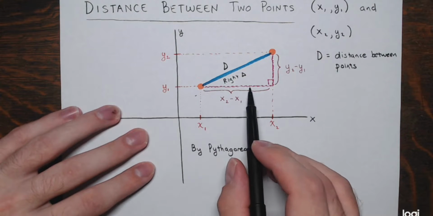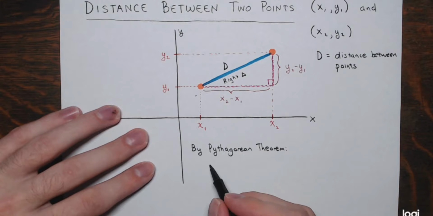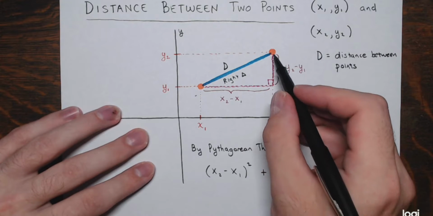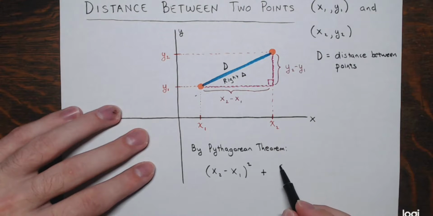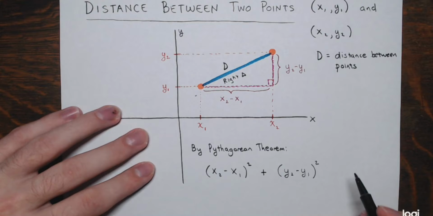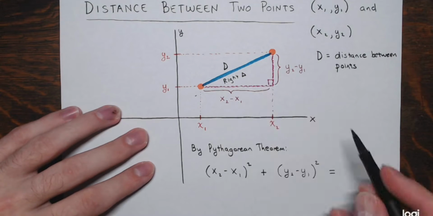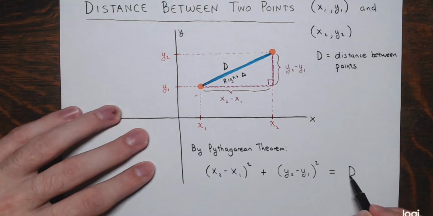So this horizontal leg has a length of the quantity x2 minus x1, so that leg squared, plus the vertical leg, which has a length of the quantity y2 minus y1, that length squared should be equal to the length of the hypotenuse, which is the distance between the 2 points, squared.